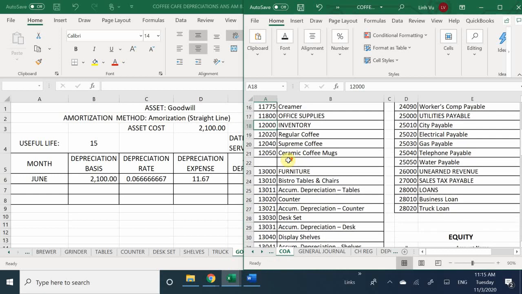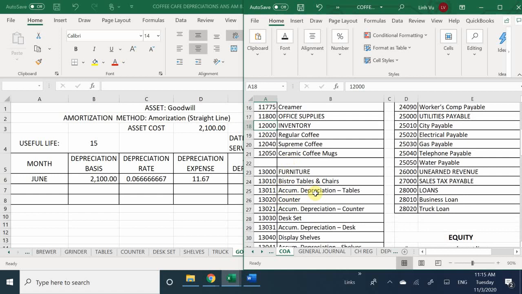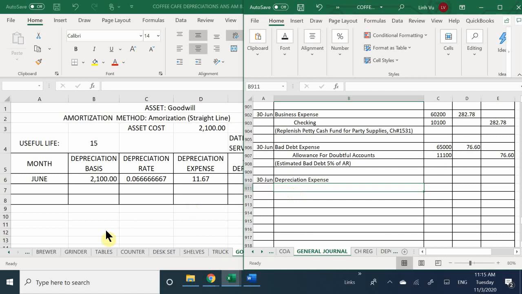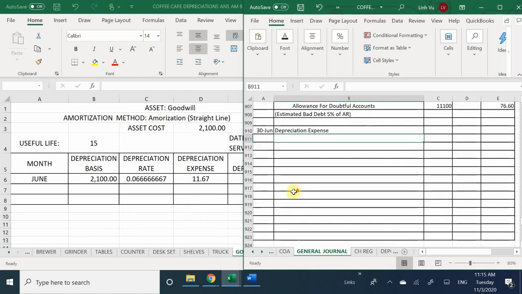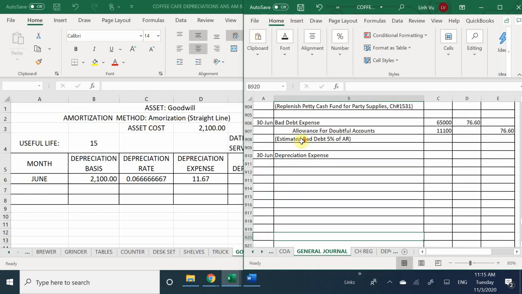The first one I see here is the accumulated depreciation for the tables. We'll just do it in this order because there are too many in here. So you said 10, right? 1, 2, 3, 4, 5, 6, 7, 8, 9, 10. Okay, so the first one is accumulated depreciation tables.